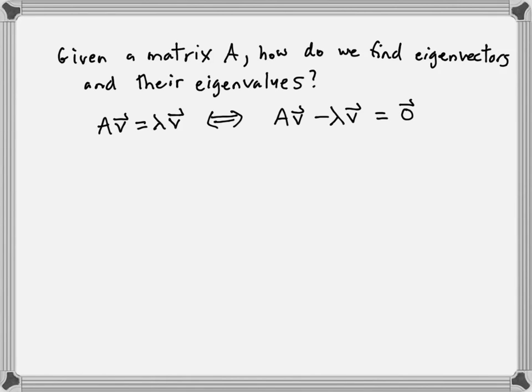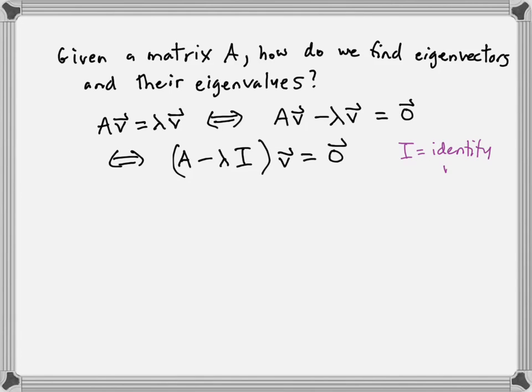What does this mean? So this actually means the same thing as the following. This means that if you take out a V on the right, you actually get this, A minus lambda I times V is equal to 0. What is I? Let me remind you guys that I is equal to the identity matrix.